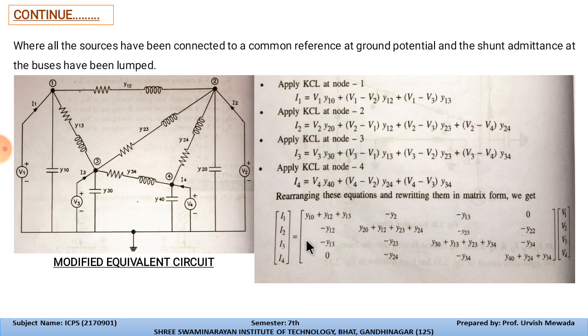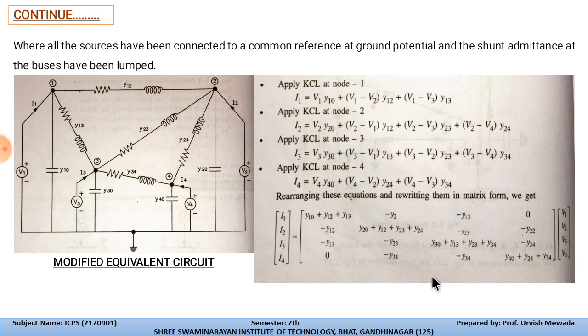If there is no link, it is considered as 0. Similarly for I3, it is y30 plus y13 plus y23 plus y34, and for I4 it is y40 plus y24 plus y34, and the voltages of the respective nodes are v1, v2, v3, and v4.